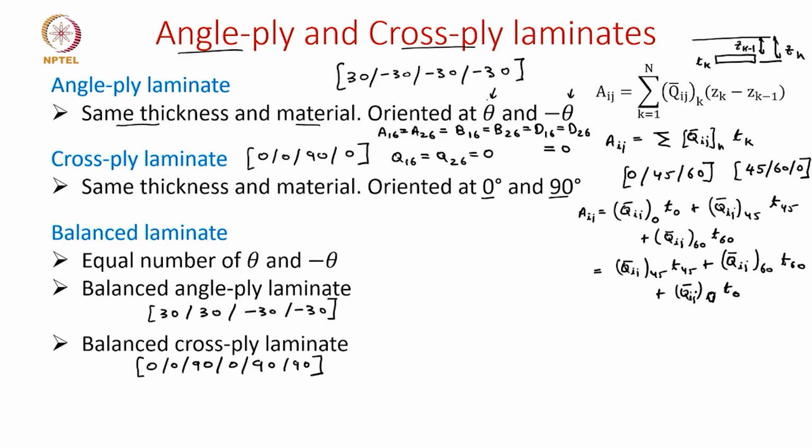So essentially what we are saying is that the A matrix is independent of the sequence.